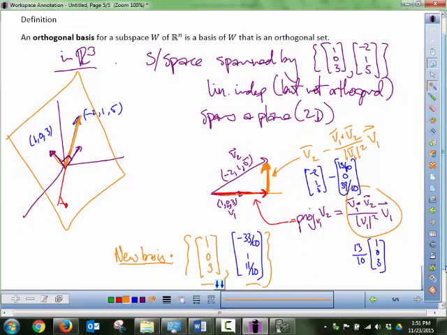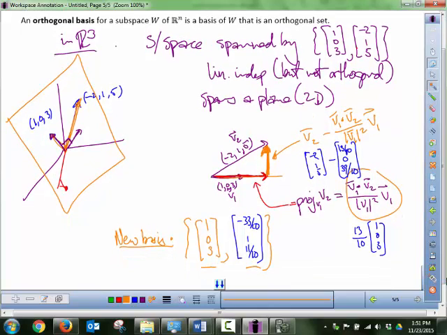Okay, so what we just did is an example of the next theorem that they said, how you can construct an orthogonal set of basis vectors.